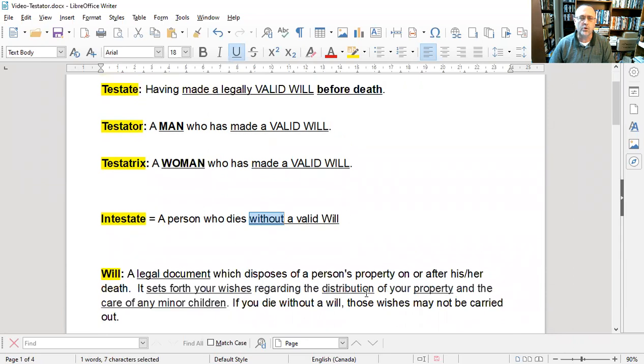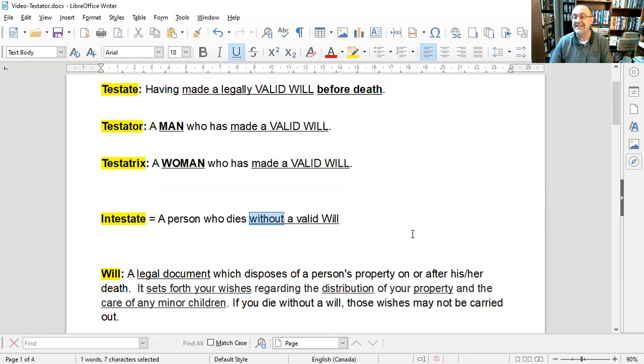A will, of course, is a legal document which disposes of a person's property on or after that person's death. A will sets forth your wishes regarding the distribution of your property and the care of any minor children.